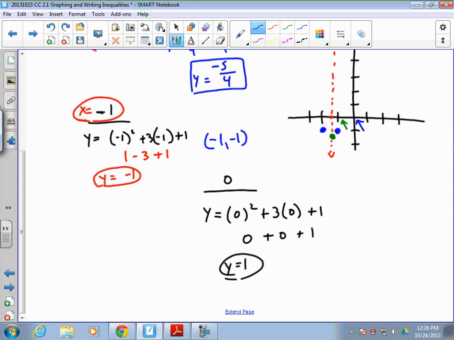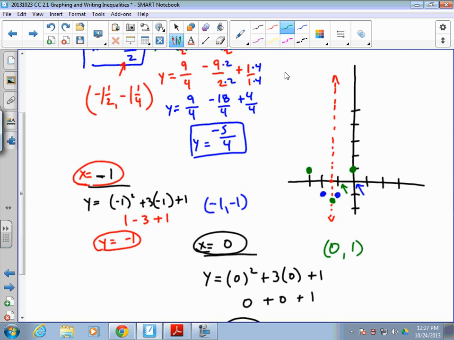So when x equals 0, y equals 1. That's your last point to plot, 0, 1. At 0, 1 is your third point. And again, you mimic that on the next x value over, which would be negative 3. So you mimic it on the other side of the line of symmetry, and you can draw your graph to match that.